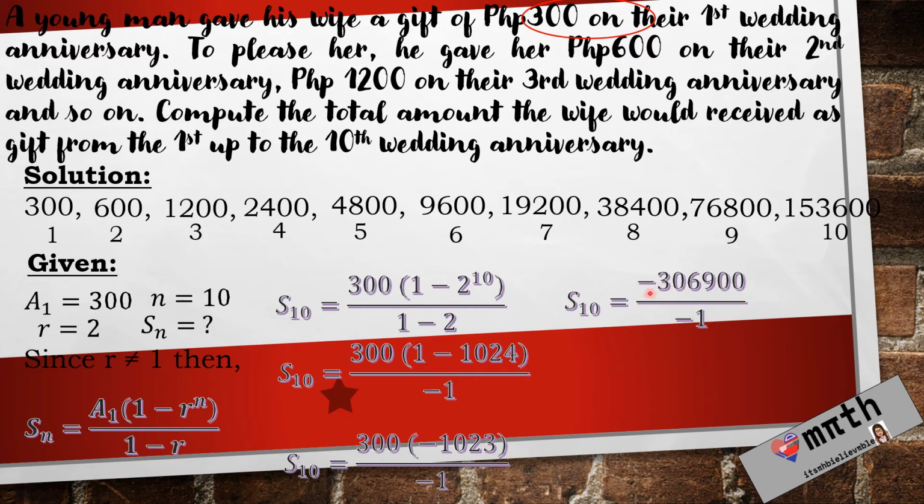As we divide a negative number by a negative number, that would be positive, and any number divided by 1 is equal to itself, which is positive 306,900 pesos. So the total amount that the wife would receive from the first year up to the 10th wedding anniversary would be equal to 306,900 pesos.